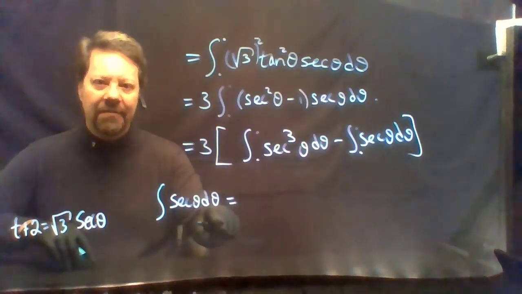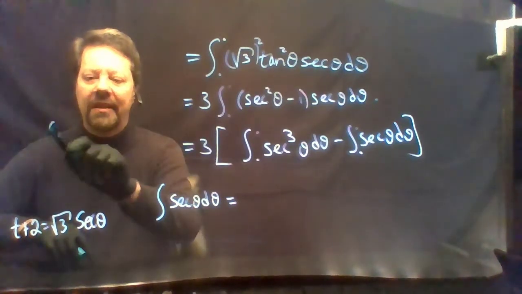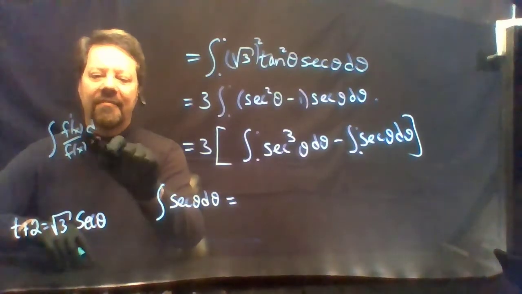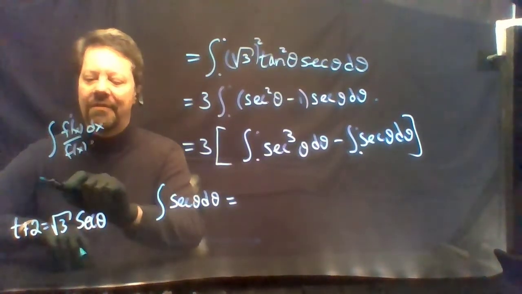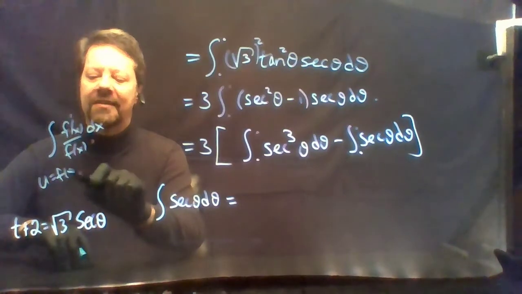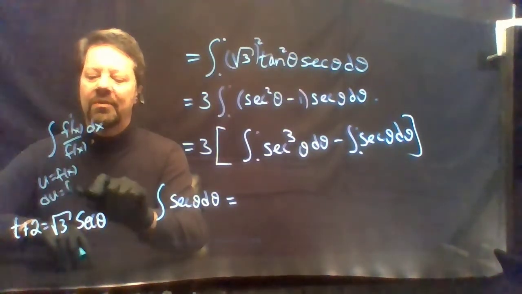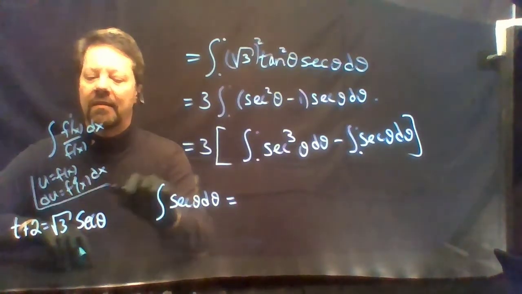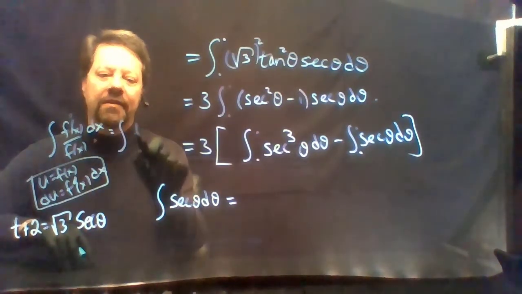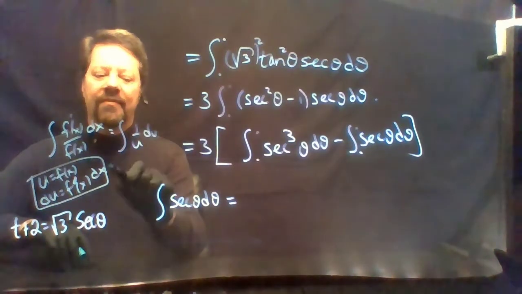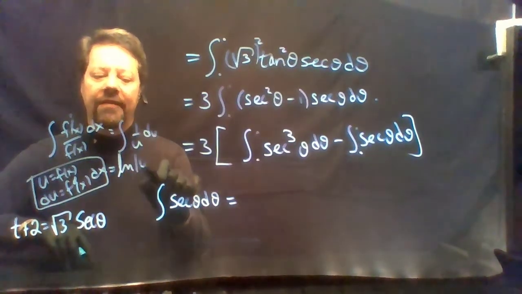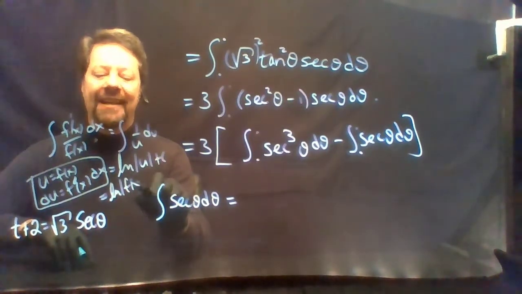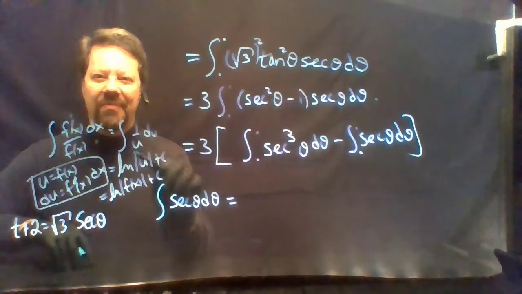Before pursuing this any further, I want to recall to your memory integrals of the form f prime over f. As you know, if you set u equal to f of x, du will be f prime of x dx, which converts the integral into 1 over u du, which gives you the log of the absolute value of u plus c, or the log of the absolute value of f of x plus c.